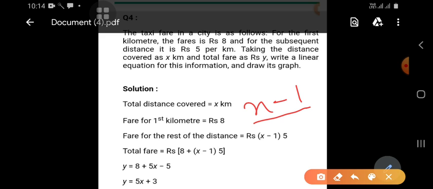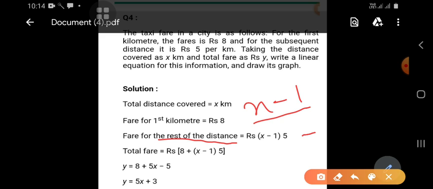So the fare for the rest of the distance: the person who travels a total of x kilometer pays 8 rupees for the first kilometer, and for the rest distance x minus 1, the rate is 5 rupees per kilometer, so it will be rupees (x minus 1) into 5.